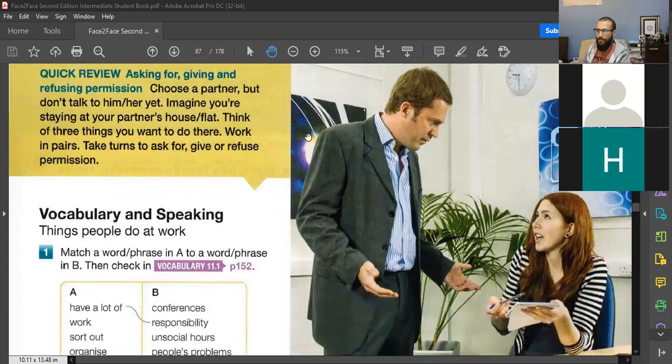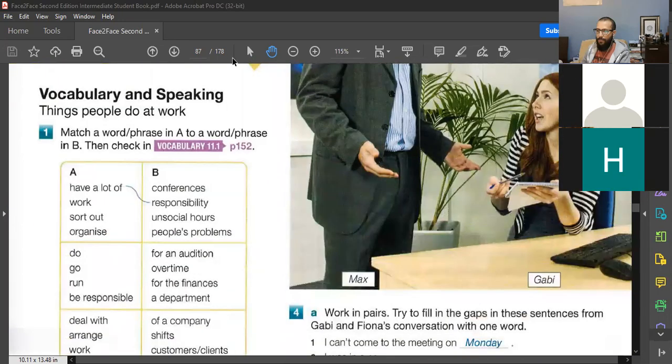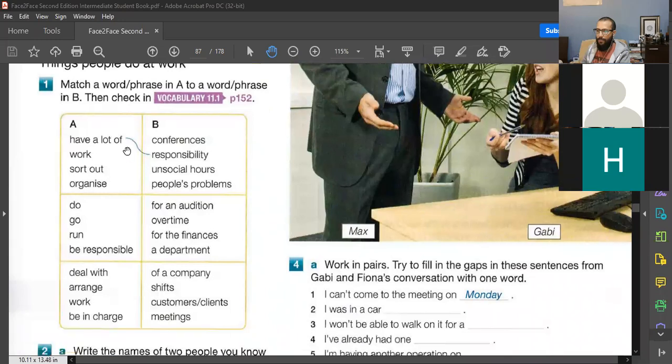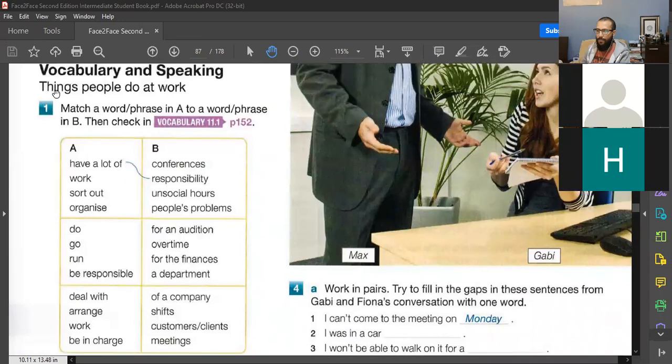We've got some vocab related to work. Let's start here: things people do at work. Let's match the verbs on the left to the words and phrases on the right.